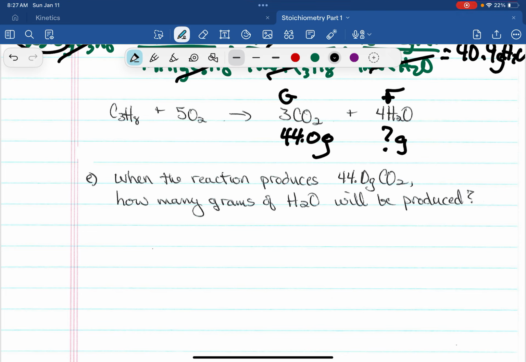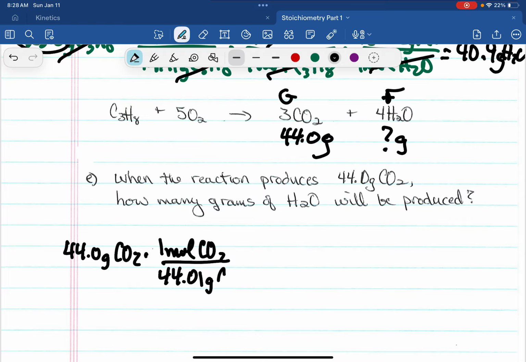Whatever you're given, whatever you're trying to find, it always works the same way. So we've got 44 grams of CO2, 1 mole of CO2 over 44.01. Oh, that's convenient. Times 4 moles H2O over 3 moles CO2.